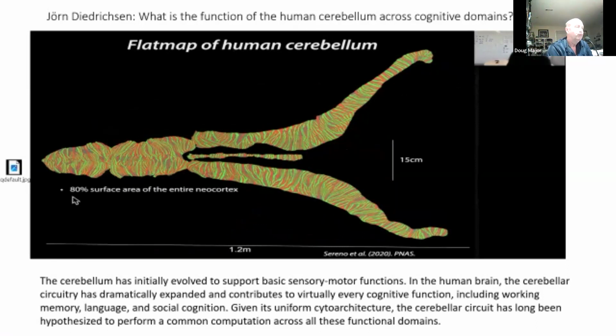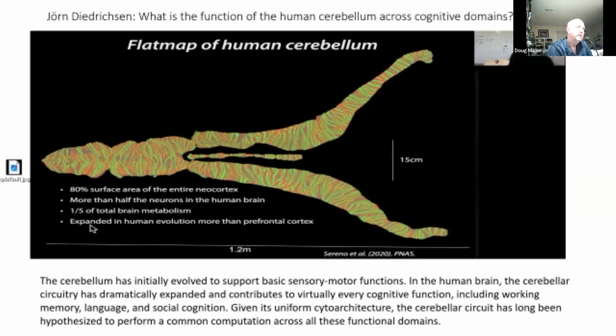So it's bigger than a single cerebral hemisphere. We know that it, of course, has more than half of the neurons of the human brain. But more importantly, I think evolutionarily, even though it only has 1/7 of the volume of the human brain, it consumes 1/5 of the brain metabolism. So it's actually quite a costly structure. Despite that, it has expanded in human evolution, and this is mostly in recent human evolution from the common ancestors with the Neanderthal.